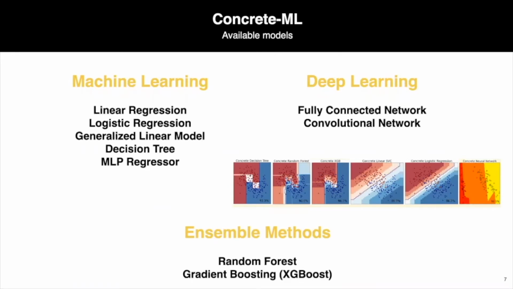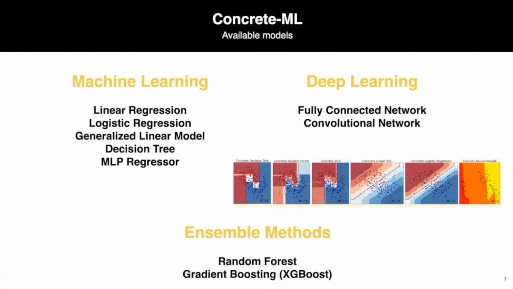But for now, we are already starting to have a lot of interesting models. In terms of machine learning, you have the classical linear and logistic regressions. You have the generalized linear models, notably Poisson regression, if you need it.